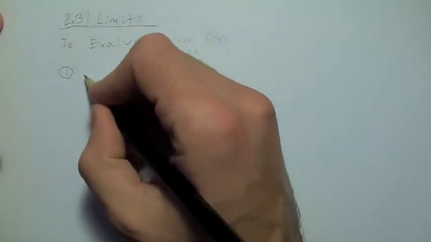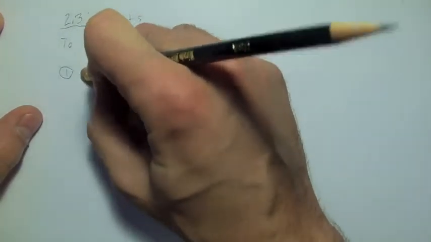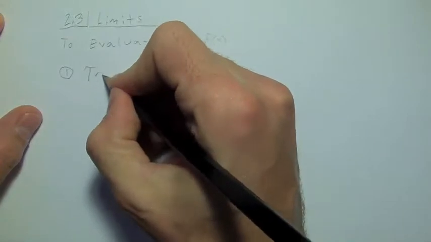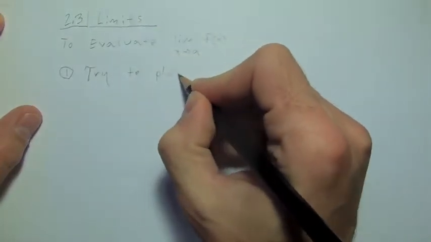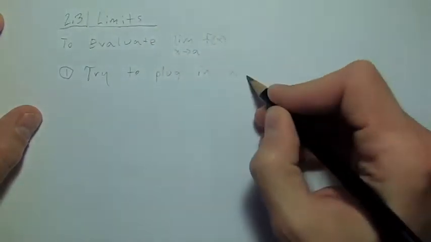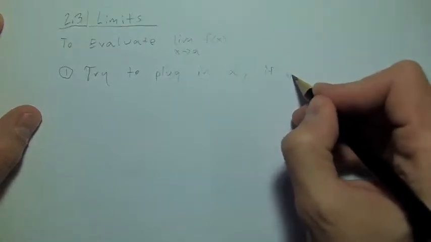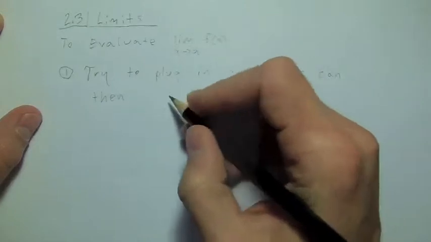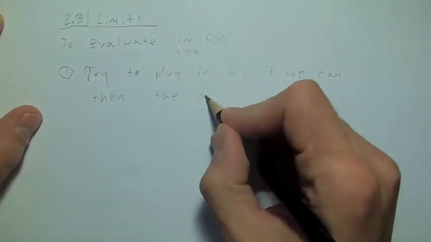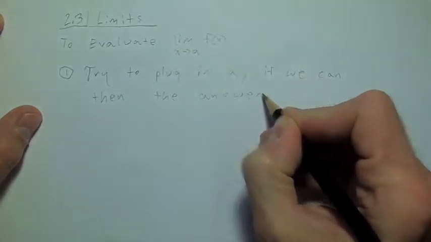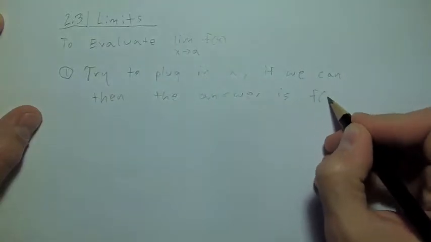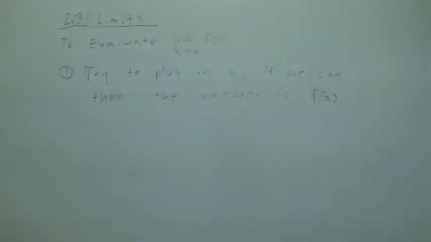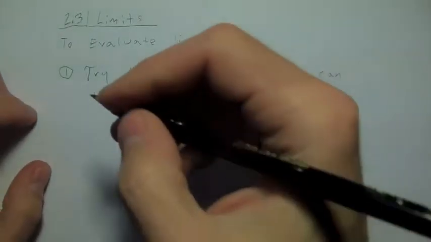Step one is we try to plug in a. And if we can, then the answer is f of a. If we can plug in the value and get a nice number, then that is the answer, and that is that.